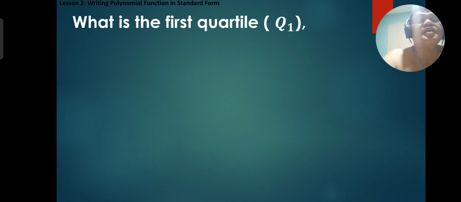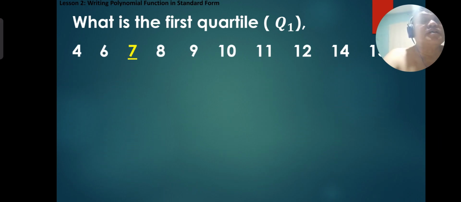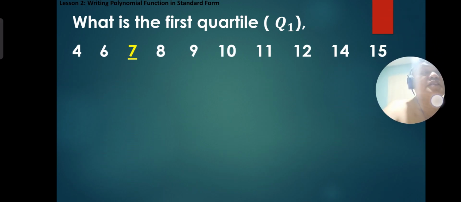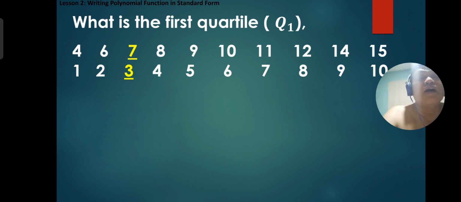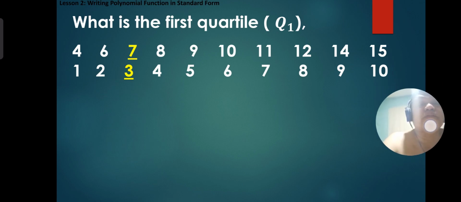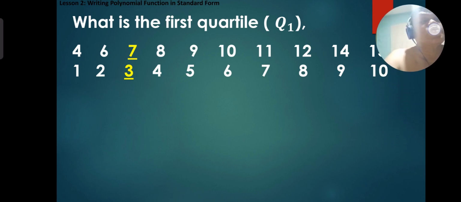What is the first quartile, or the lower quartile? We have 4, 6, 7, 8 to 15, which is already arranged in ascending order. We assign their positions: 4 is 1, 6 is 2, until 15 is 10, because there are 10 scores.